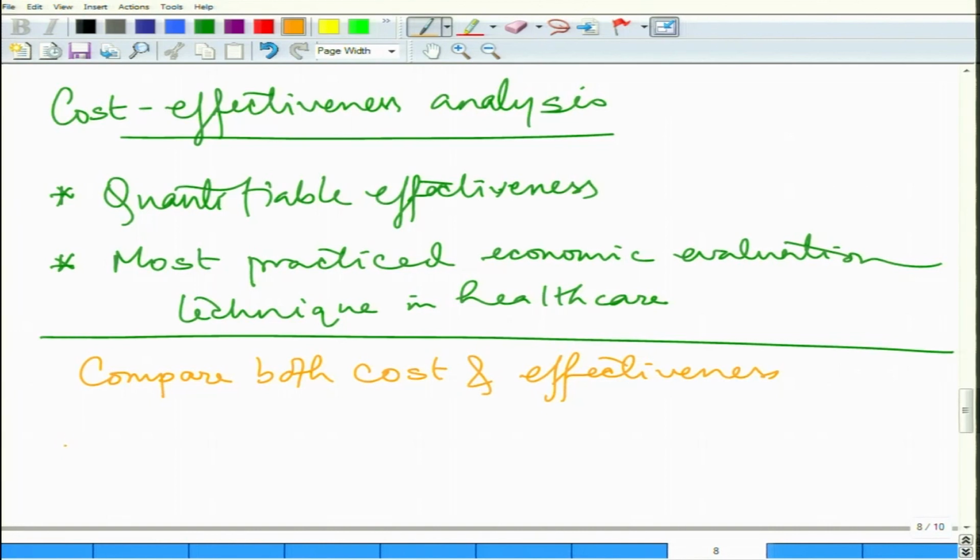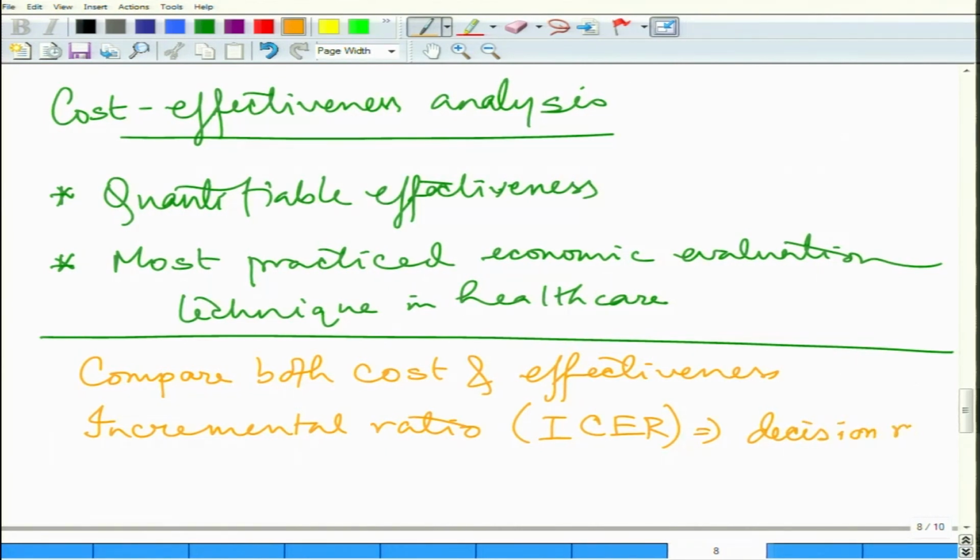The second thing, how we compare the cost and effectiveness, we measure it in terms of incremental ratios. This is also known as the incremental cost effectiveness ratio, which sets my decision rule. Based on this incremental cost effectiveness ratio, I will take my decision whether I will adopt a particular technique or I won't, or whether a particular study says that this process is good enough.